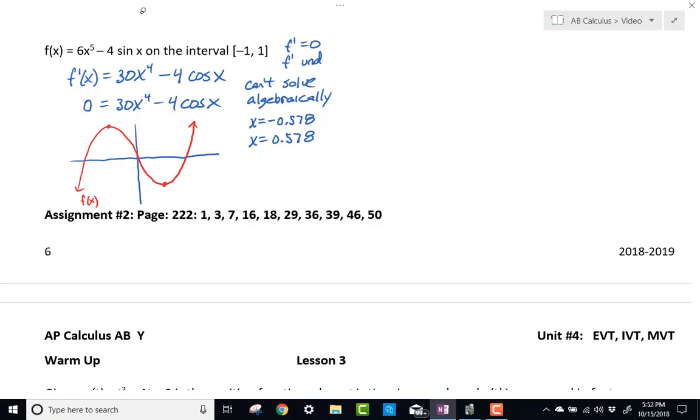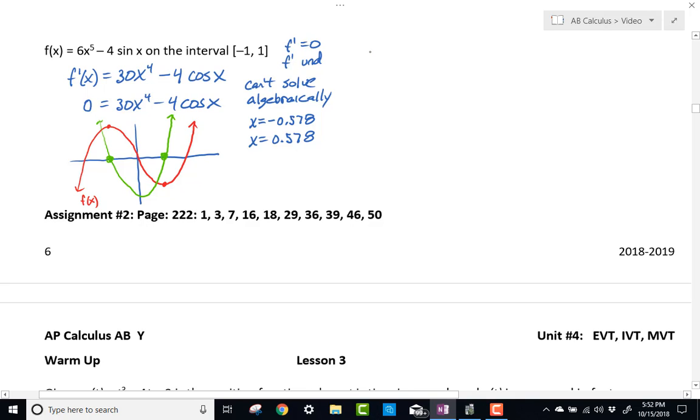My derivative graph went something like this. It came down like this and then back around. I don't know how low it went, but it came back up. These two points here in green should share the same x values as those two points in red, at x equals negative 0.578 and positive 0.578.